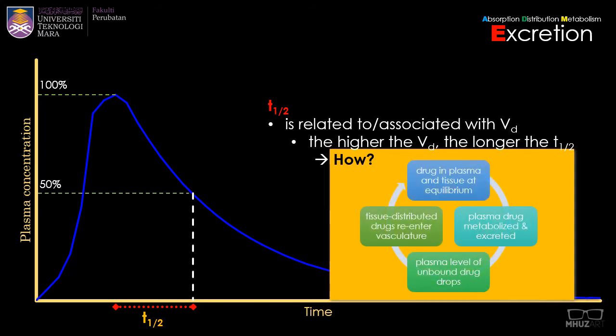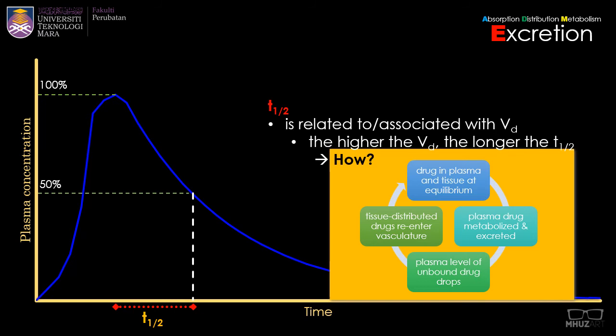A drug in plasma and drug in tissue exist at an equilibrium, which means they exist at a balance between these two compartments. But the one that is exposed to metabolism and excretion is the drug in the plasma. So as the drug is metabolized, its level in the plasma will drop, and the drug that has been distributed in the tissue will re-enter the circulation to ensure that the levels in both compartments still exist at an equilibrium.